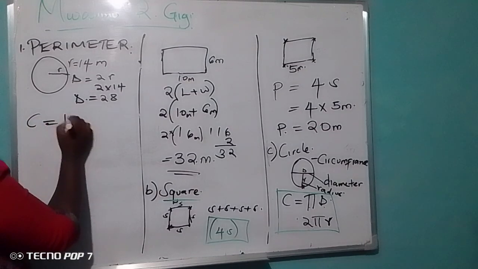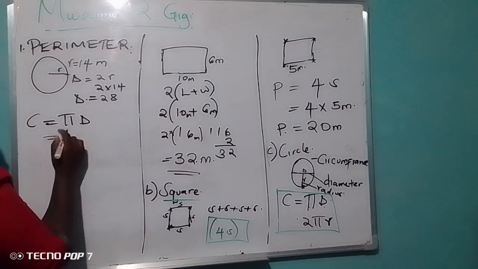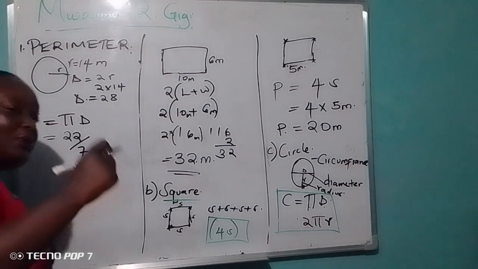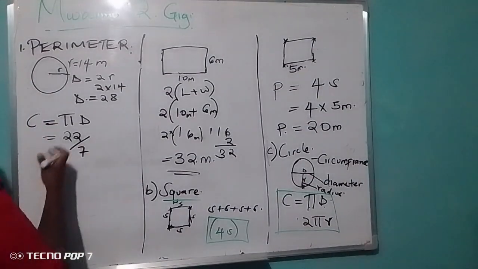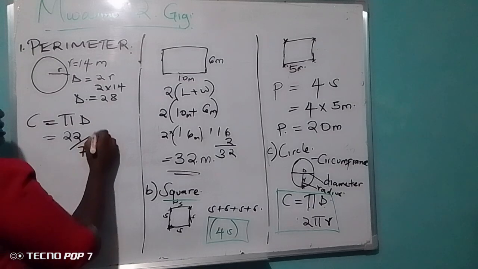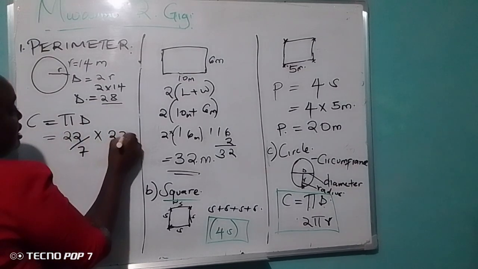So we can use either of the formulas. Circumference is equal to pi d. You quote the formula first. Then you say pi is equal to 22/7, sindio? Ama unaweza fanya pia kwa calculator pi. Let's use 22/7 times d, which is d yetu ni 28.